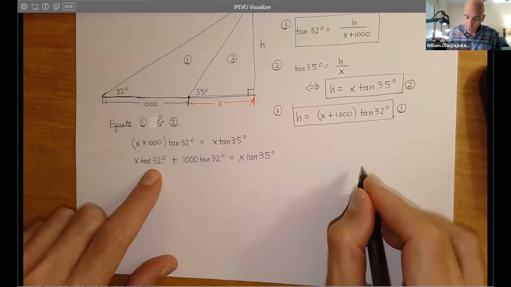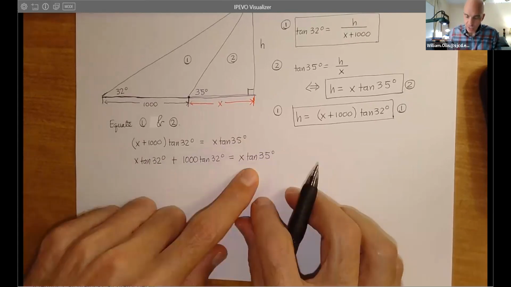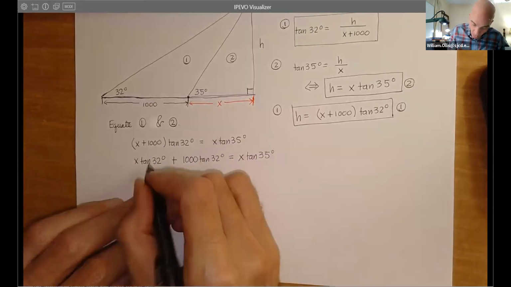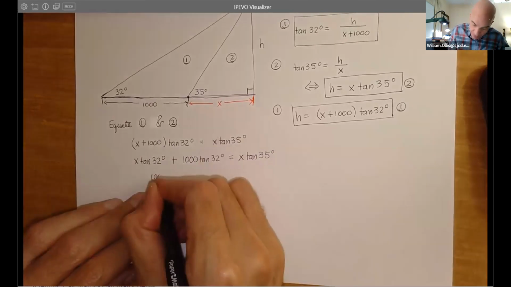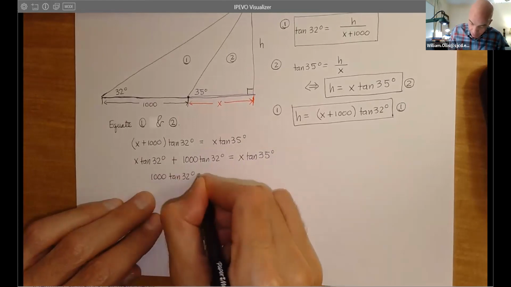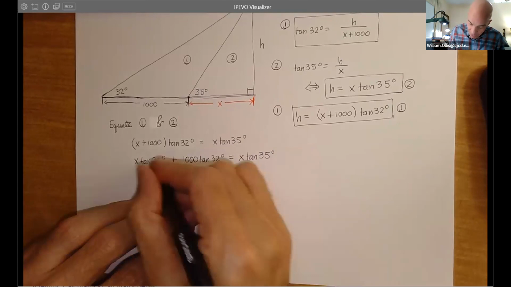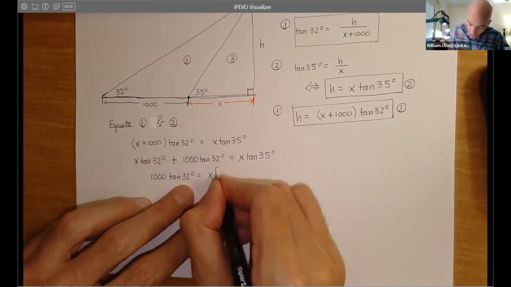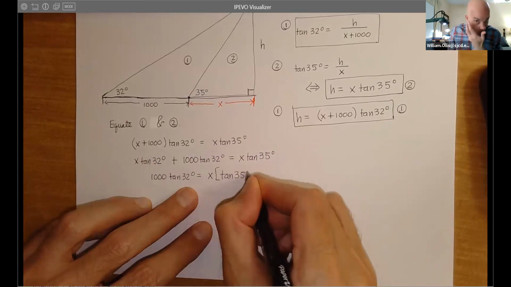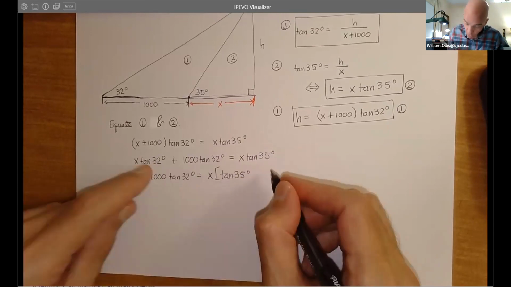Now we can get all the X terms on one side: 1,000 times tangent of 32 degrees equals X times the quantity tangent of 35 degrees minus tangent of 32 degrees.